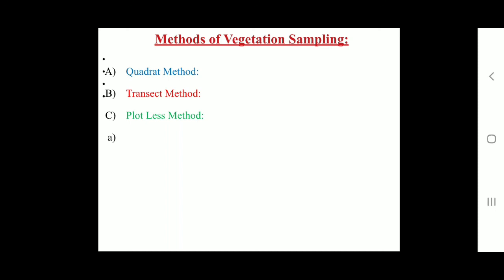The radius can be calculated from the girth GBH of the tree as follows. GBH equal to 2 pi r, r is equal to GBH divided by 2 pi. The basal area can now be calculated thus. Basal area is equal to GBH square divided by 4 pi, or pi into bracket DBH square divided by 4.